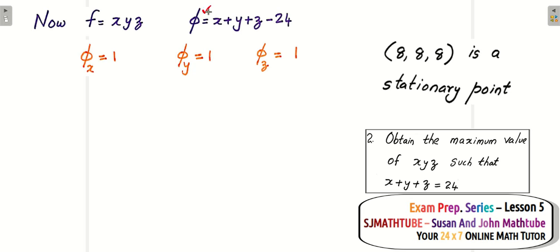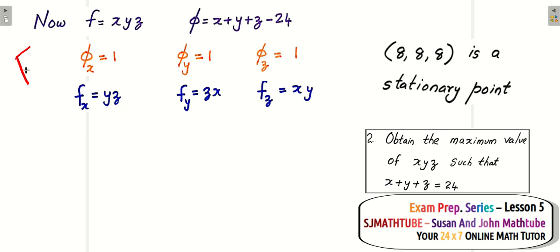So phi x, phi y, phi z, that is, I'm differentiating with respect to x, y and z, and small fx. One very important thing, capital F will never be used after you find the stationary point. Now second order derivatives.